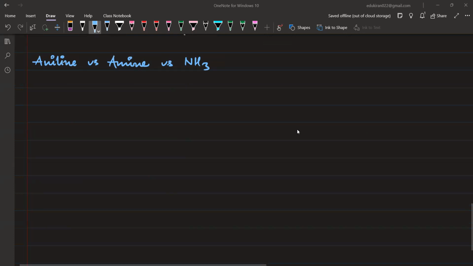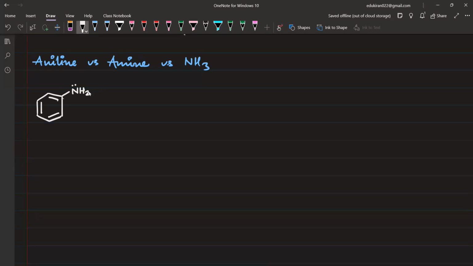We have seen already that amines are always more basic than ammonia. You have to look for aniline, basically. So what is aniline? Aniline is a benzene ring that has an NH2 group attached on it.